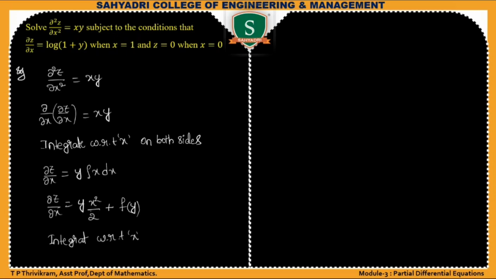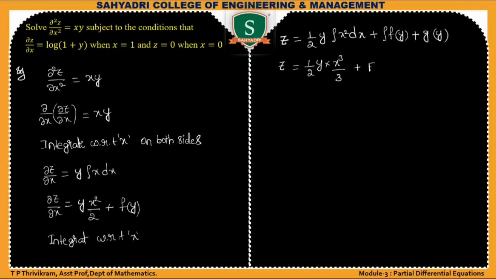Okay, so integrate with respect to x, you will get finally z is equal to half y into integral x square dx plus integral f of y plus g of y. Okay, so z is equal to half y into x cube by 3 plus this I am taking it as capital F of y plus g of y.